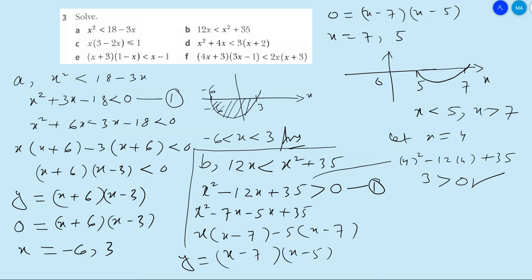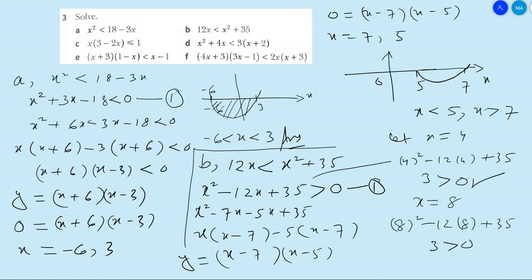Similarly, x is greater than 7. If we put x greater than 7, for example, I am putting 8. So it will be 8 square minus 12 into 8 plus 35. Again calculate. Answer is 3.